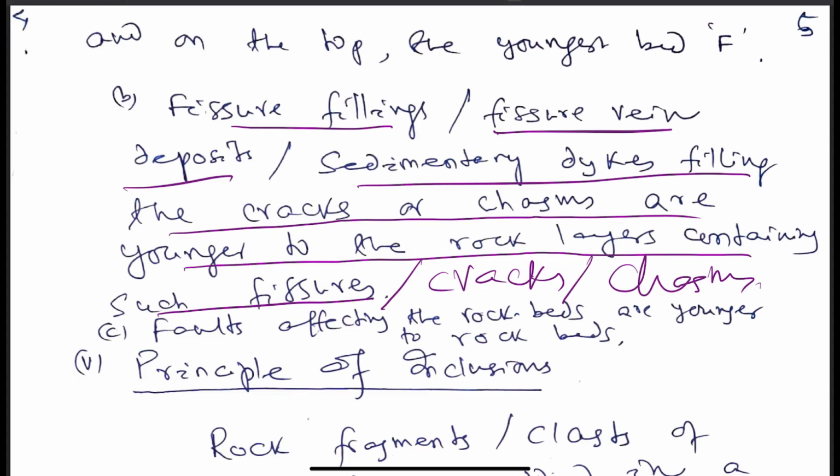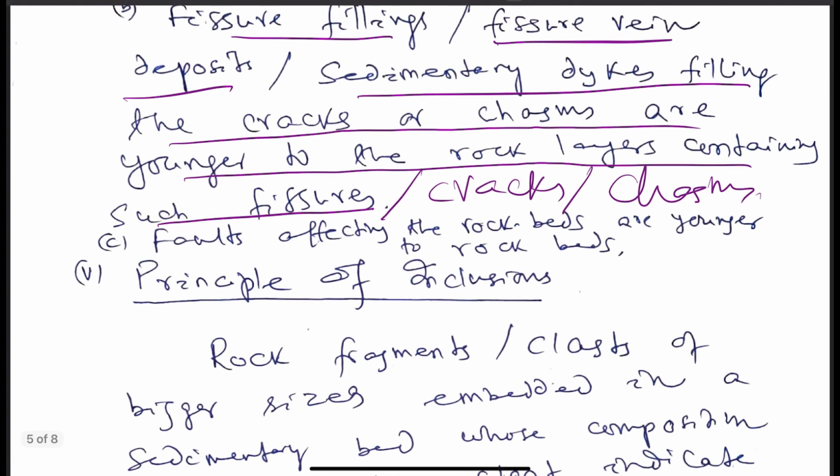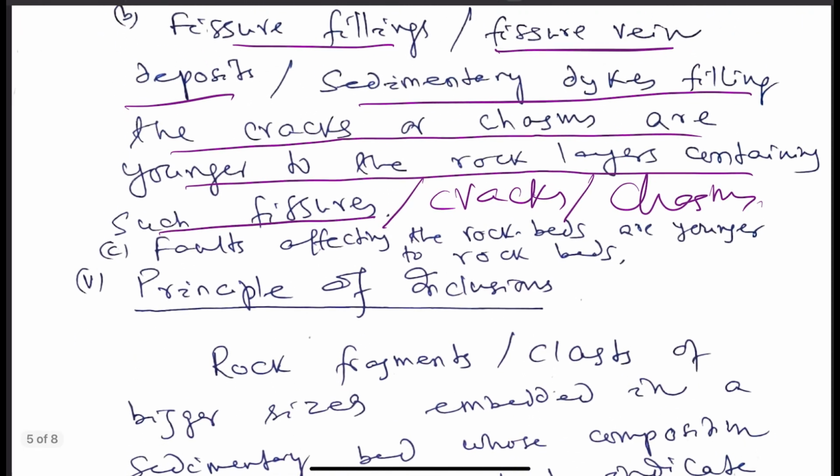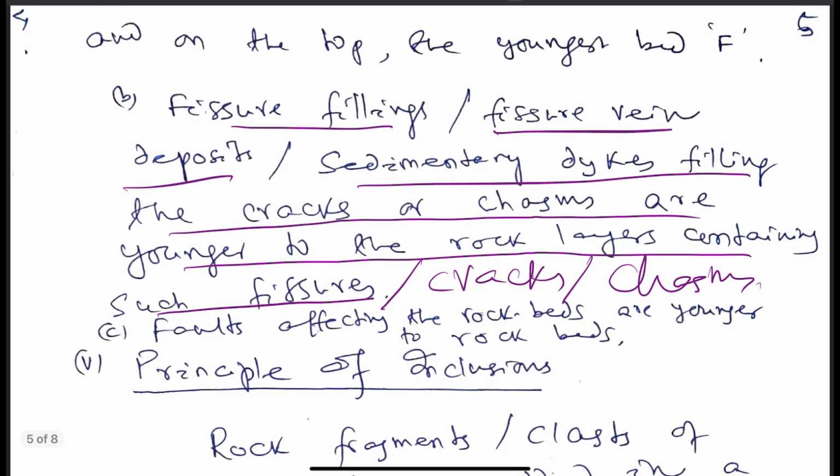So they are younger too because they have a cross-cutting relationship with the rock layers. So the principle of cross-cutting relationship establishes the fact that the cross-cutting feature is always younger to the formations that are affected by this cross-cutting feature.